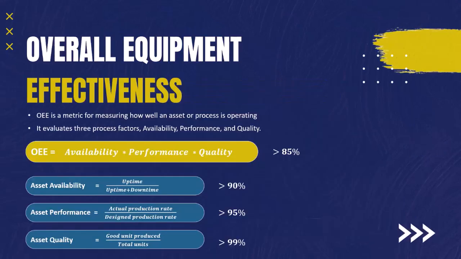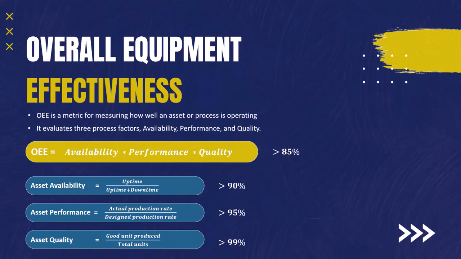In order to measure those 6 losses, we came up with what we call overall equipment effectiveness, which is also called the OEE. And OEE is a metric that is used to measure how well an asset or process is operating. The OEE for any equipment is a result of the following equation: OEE equals availability multiplied by performance multiplied by quality.